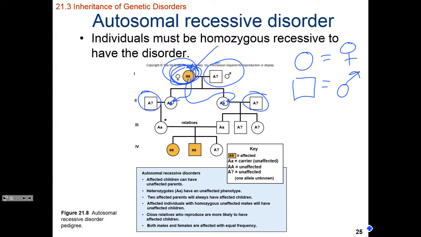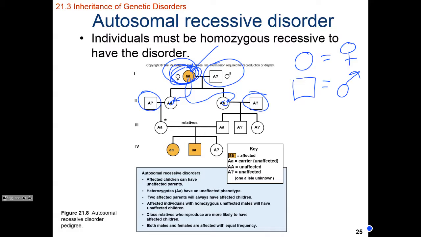Now, because these 2 little girls did not have the disease, but their mother had the disease, we can automatically assume that they are heterozygotes. They must be, because mom can only pass on the recessive allele, and if they don't have the disease, that means they have a dominant allele from dad, masking the recessive disease phenotype.